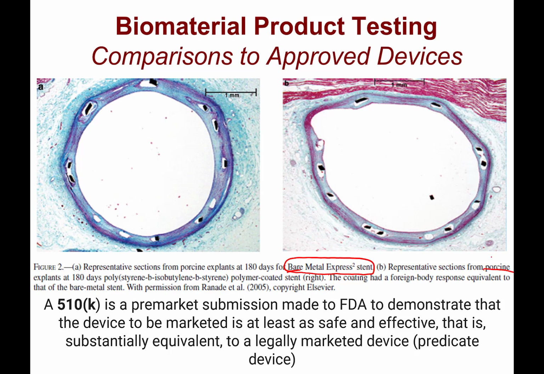Pigs are a good model for cardiovascular devices. And then they have a polymer-coated stent on the right, and they were comparing it against the native stent, and they were looking at the foreign body host response, and they said it was equivalent to that of the bare metal stent. So this equivalence, that's kind of the essence of this comparison in the 510K pathway.